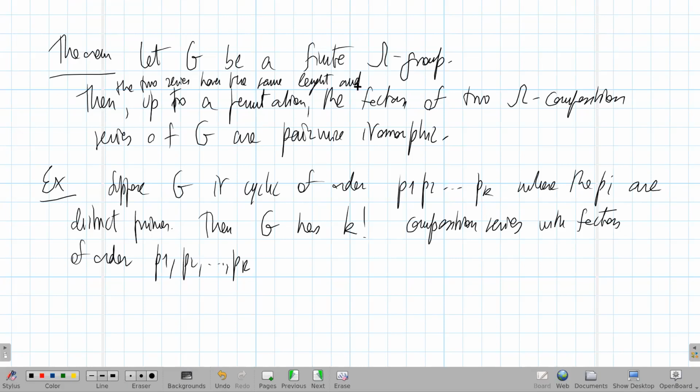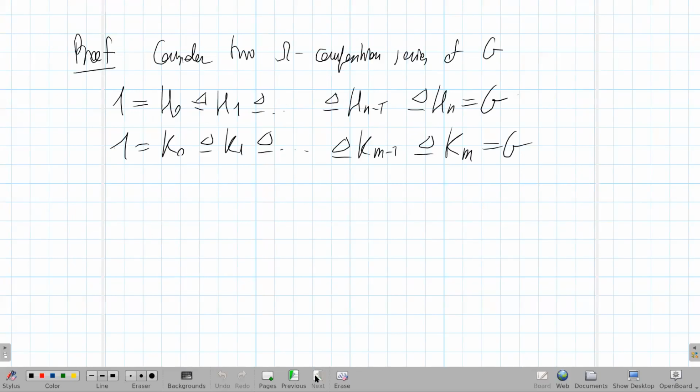The two series have the same length, so the same number of factors in particular, and then the factors of the series are pairwise isomorphic under a permutation, which now makes sense because it's not that you have, say, 2 factors in one series and 7 in the other, and then what's the permutation, okay? So let's see how it works. Remember that I put this equal here, but by definition in a series all terms are distinct, okay? This is just the definition of any series.